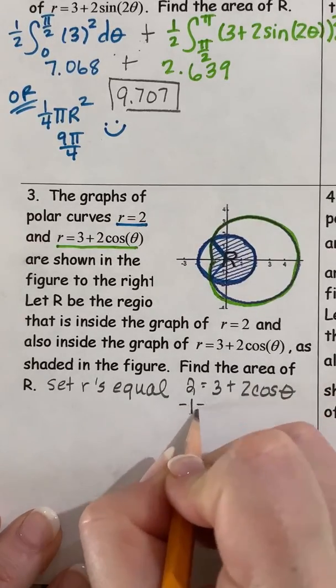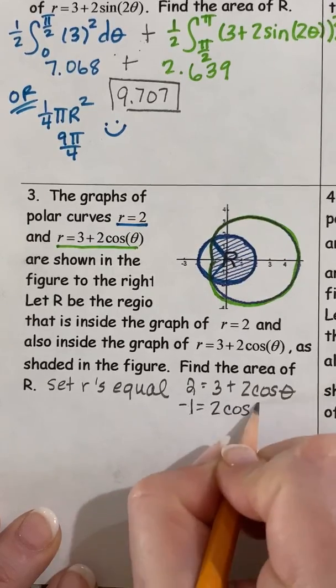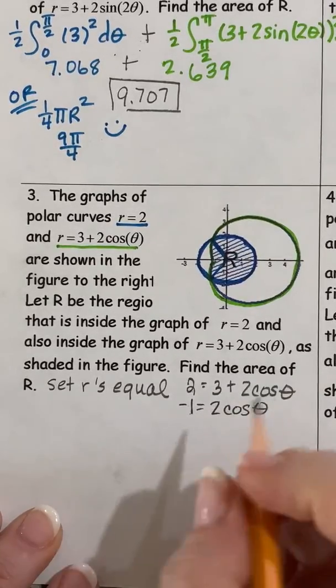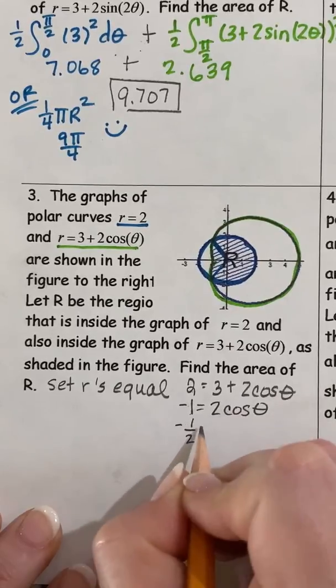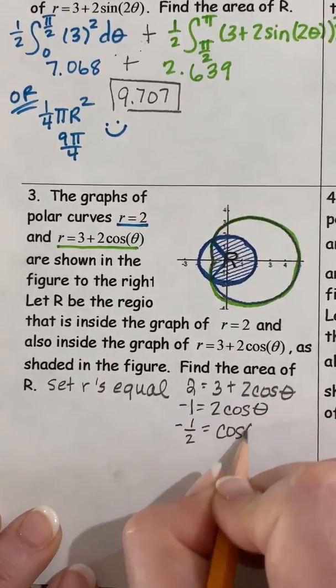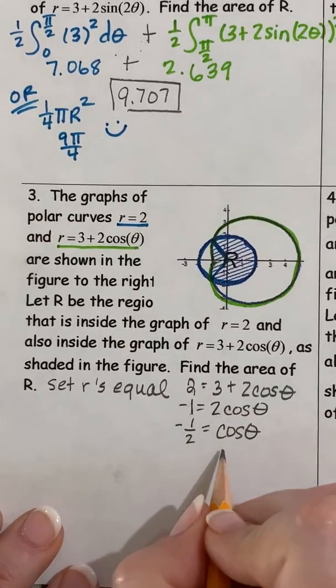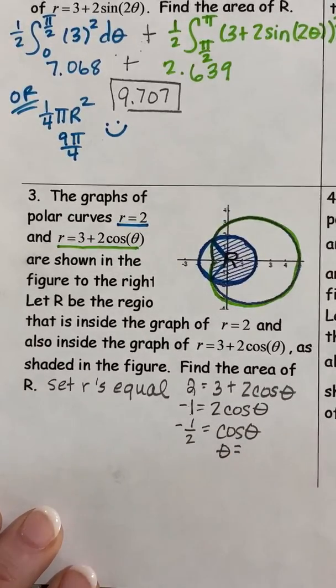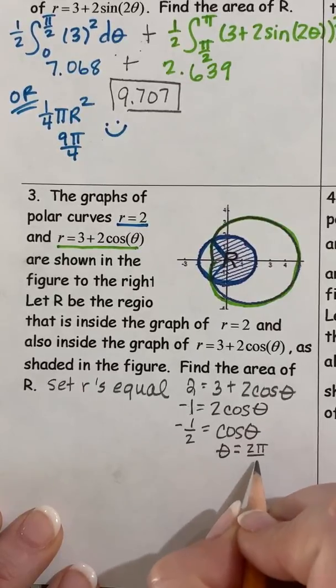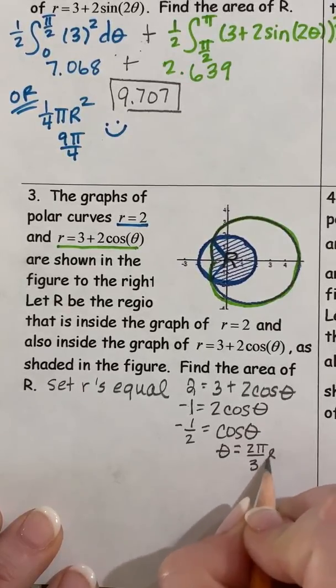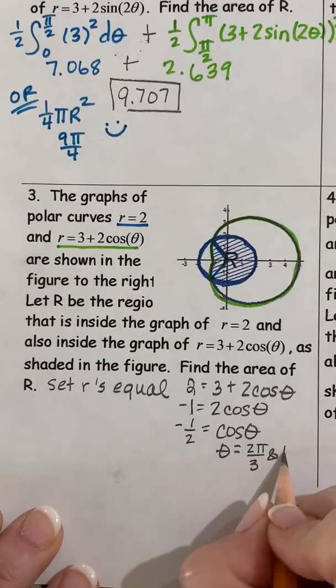So negative 1 equals 2 cosine of theta. So negative 1/2 equals cosine of theta. And that happens at theta equals 2 pi over 3 and 4 pi over 3.